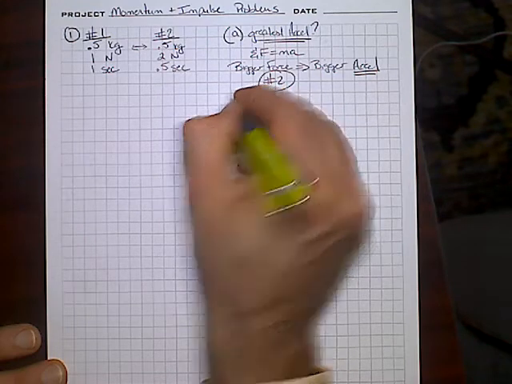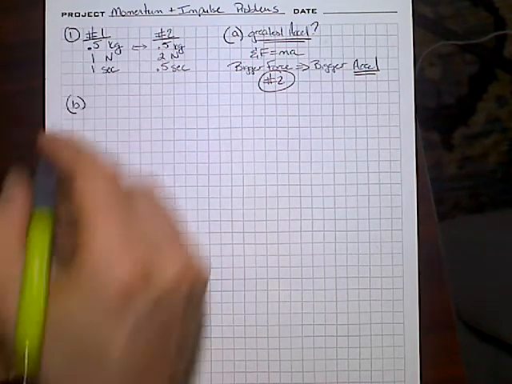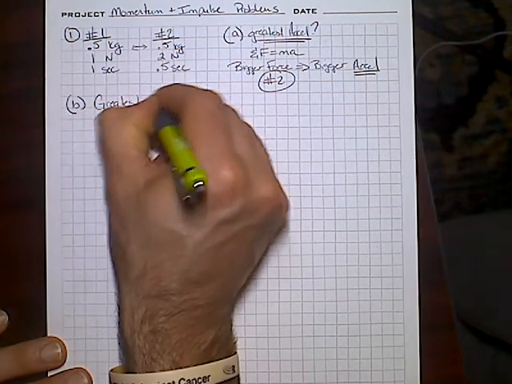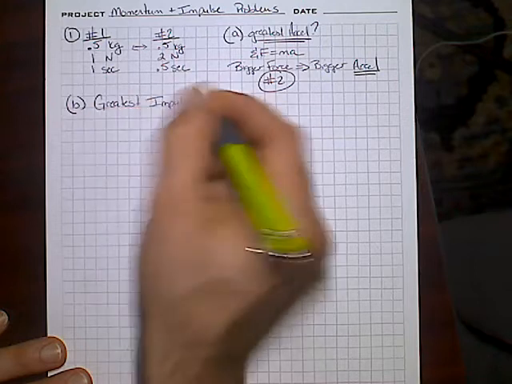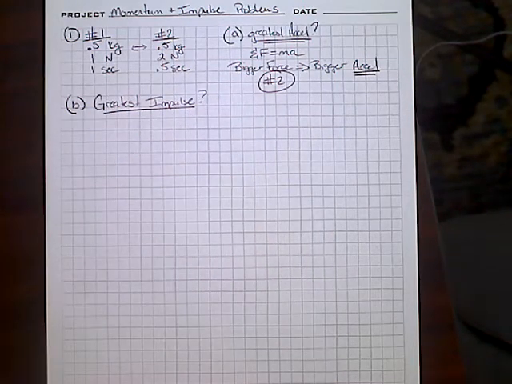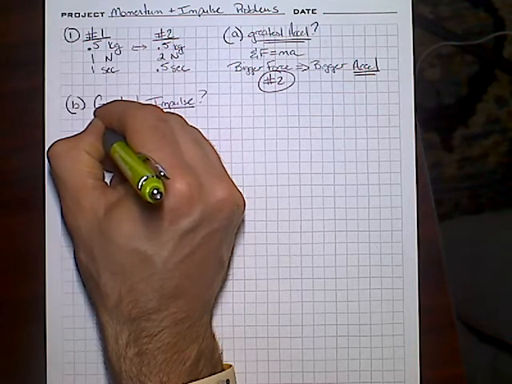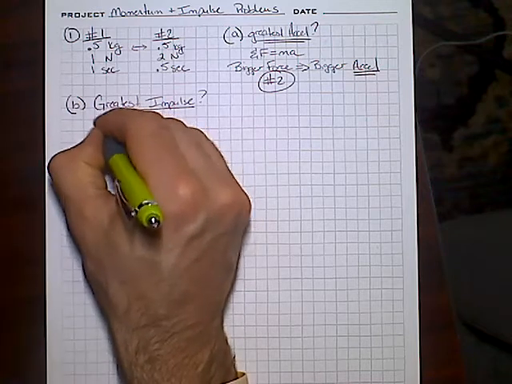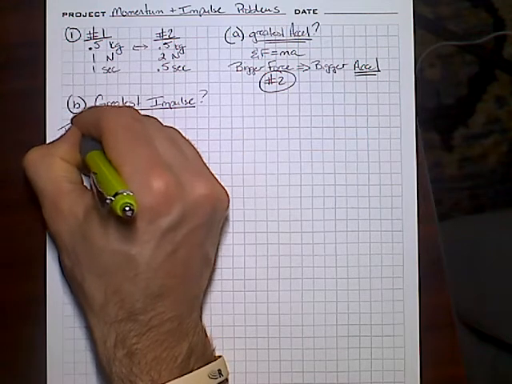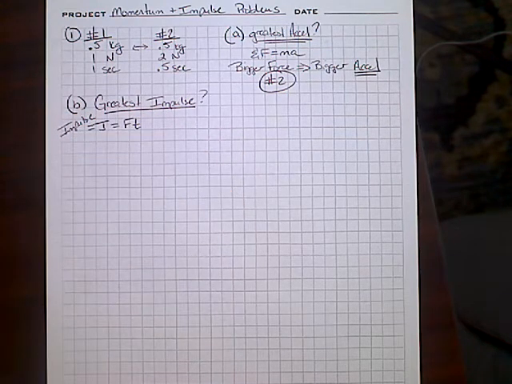Let's take a look at B now. Still for number one, which cart, one or two, has the greatest impulse? I want you to remember this now. Impulse is force times time. J is impulse, which equals Ft.